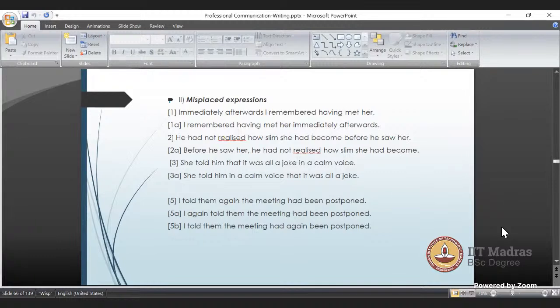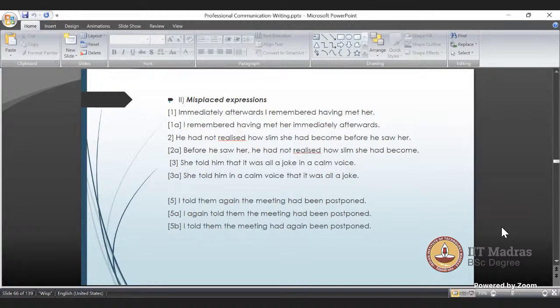Right. So why do you say that? Grammatically, immediately is an adverb, and it's not a very good practice to front the adverbs unless it's a very specific situation wherein the emphasis has to be on the adverb. But in normal situations, particularly in formal writing, it's not a good idea to front adverbial complements, right?